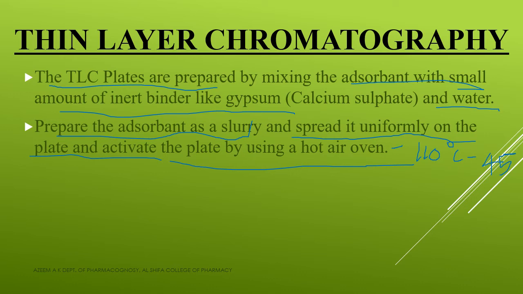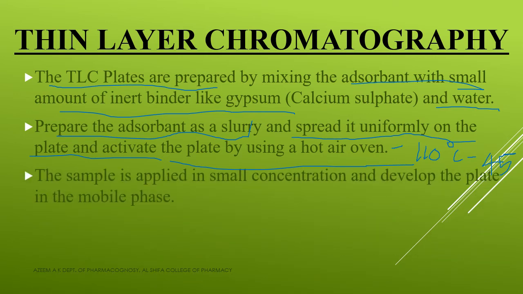Then it is made into a slurry, and this slurry is spread uniformly on the plate, and after spreading, the plate is activated by keeping it in a hot air oven at a temperature not exceeding 110 degrees Celsius for a minimum of 45 minutes to 1 hour. Clear?